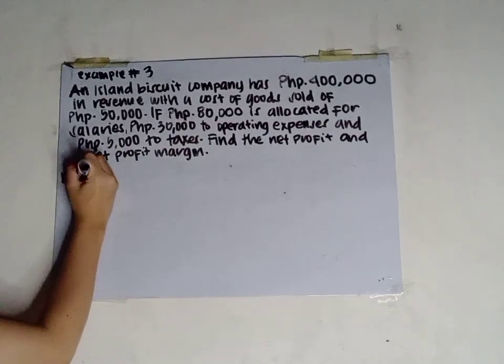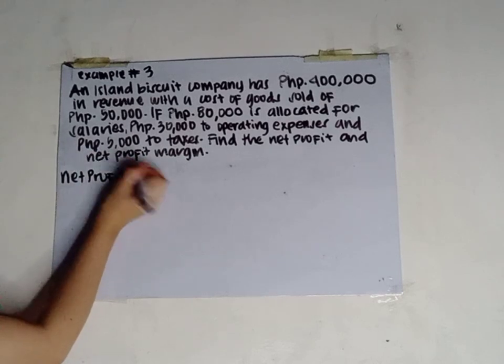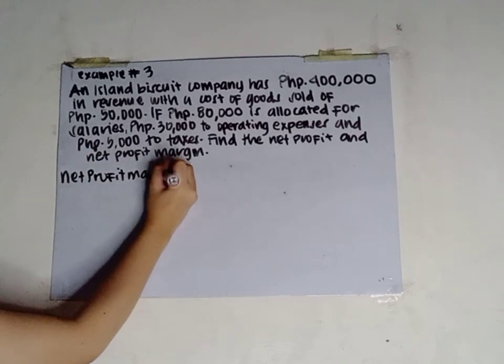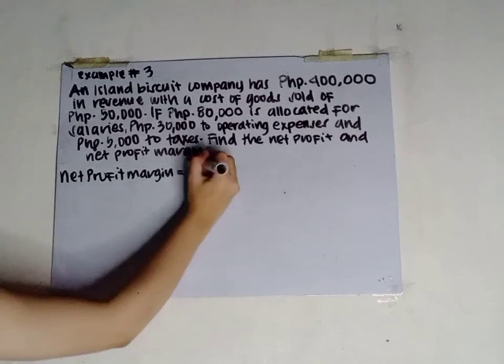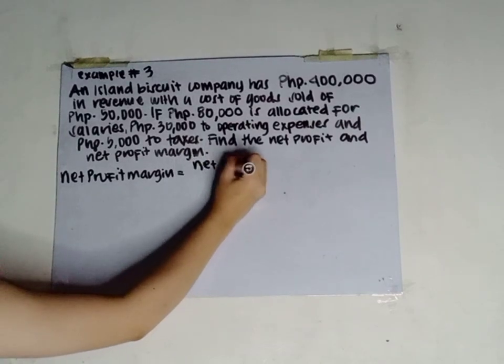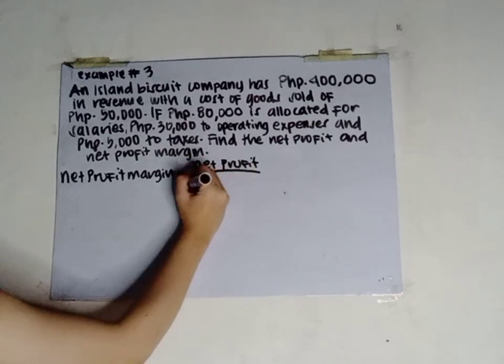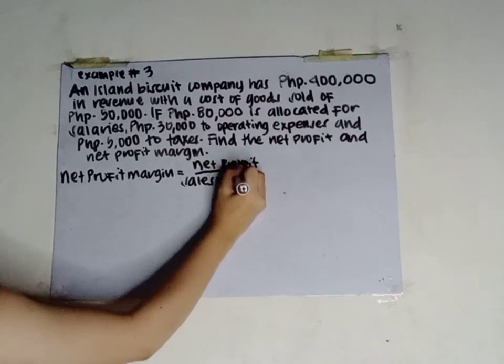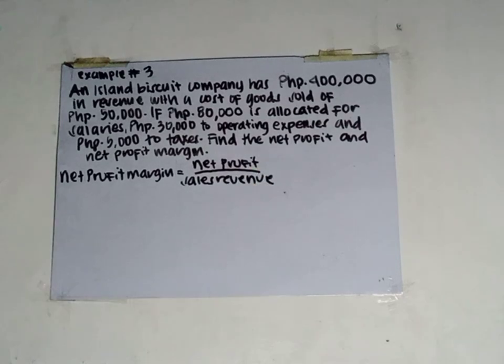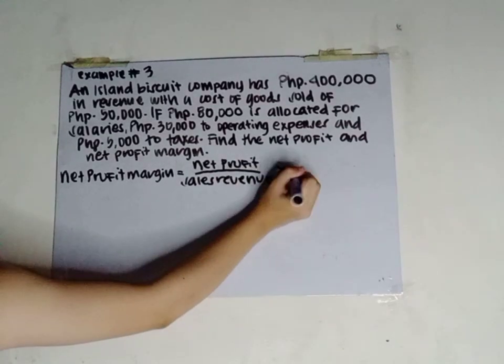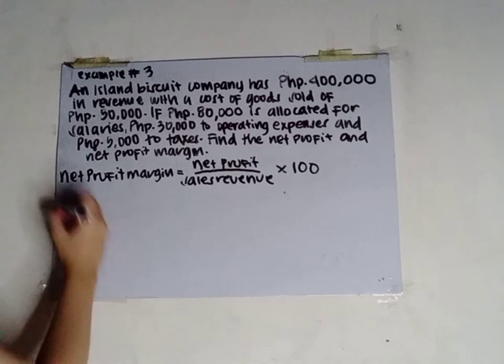And now we will find the net profit margin. So write the formula. Net profit margin equals net profit divided by sales revenue times 100.